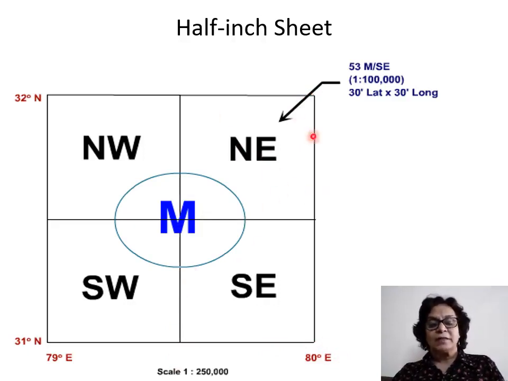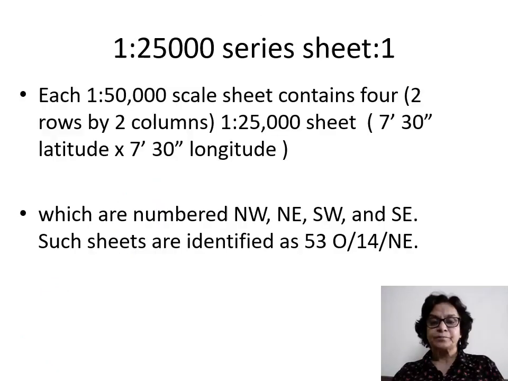Okay, so in this diagram we haven't represented the minor subdivisions, but they are represented in the topo sheets. Since it is divided into 4 parts, we can make out that each of them has an extent of 30 minutes latitudinally, and longitudinally also 30 minutes.